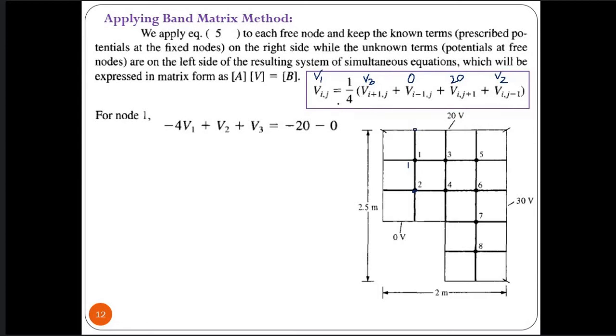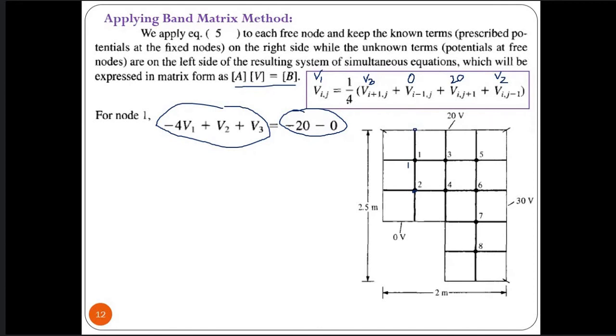Now if you rearrange, I have already mentioned that you have to keep the potentials of all the free nodes on the left hand side, and the potentials of all the fixed nodes on the right hand side. Then we can easily form the set of equations in this particular band matrix form.